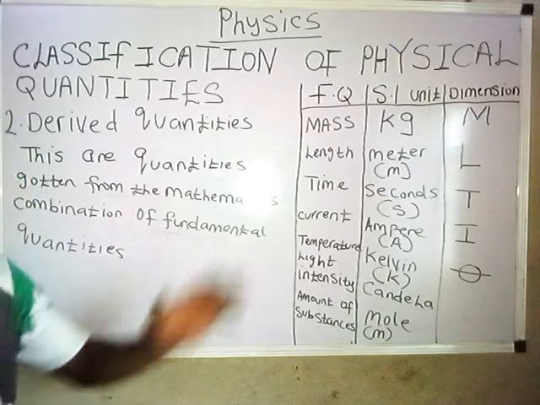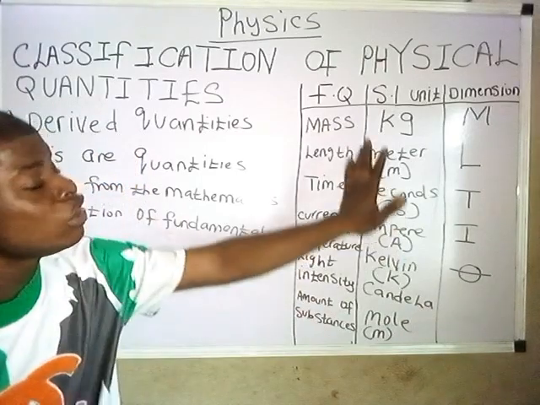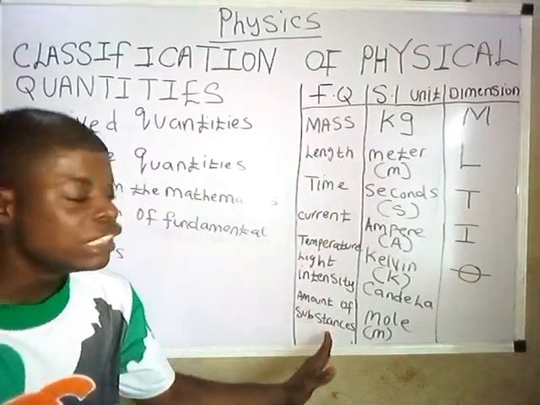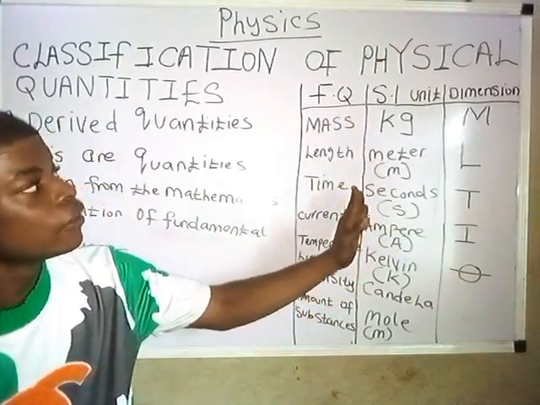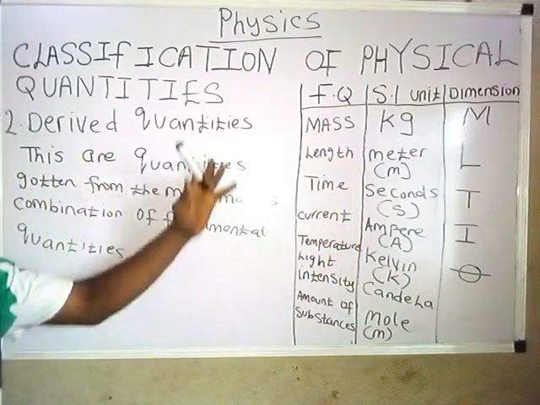So I left this slide for a reason, because looking at it, I told you that these are the 7 major fundamental quantities that we have, the standard. So we have examples of derived quantity.